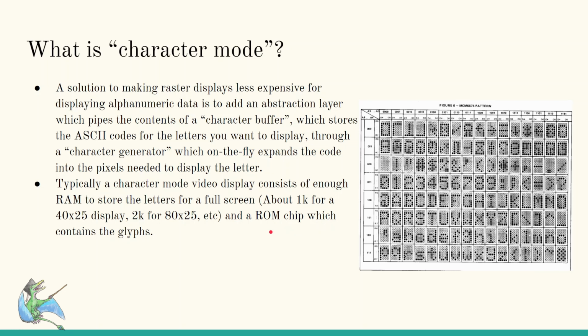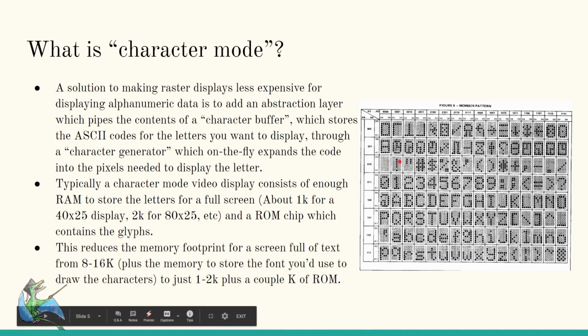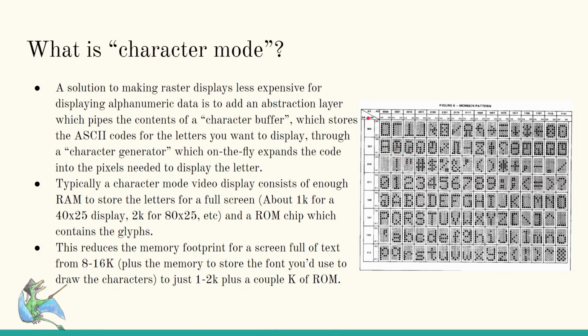So let's go back to that 40 by 25 display. You'd only need 1K of memory to store 1,000 ASCII codes. Then you put in a ROM, an example character ROM, which has the patterns to turn that 1 byte into the 8 bytes of character rows.